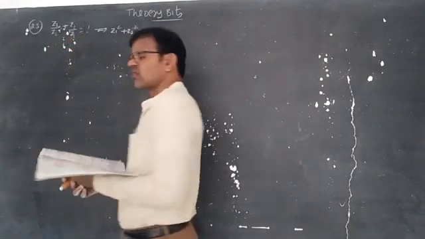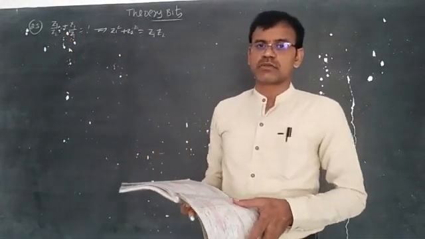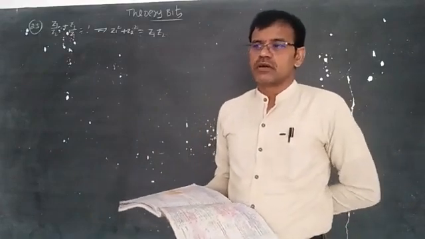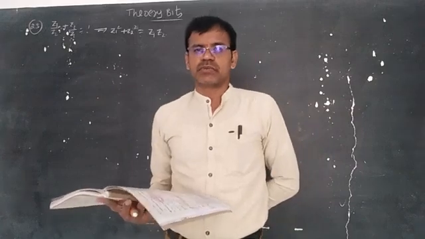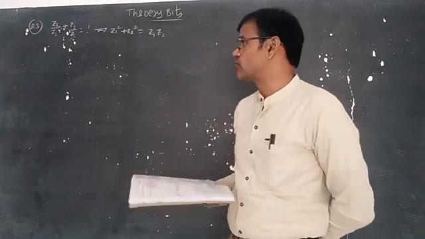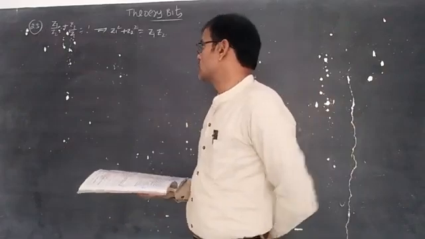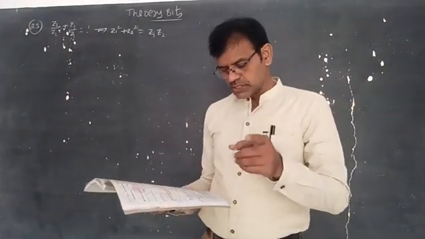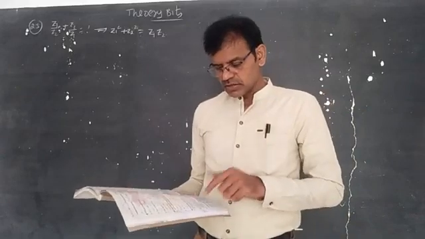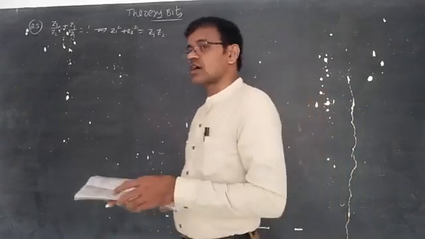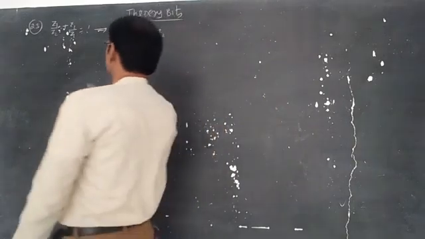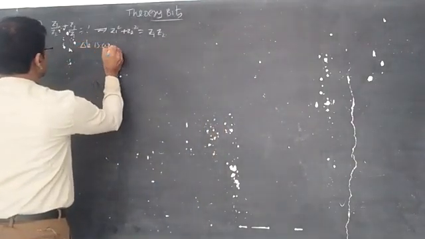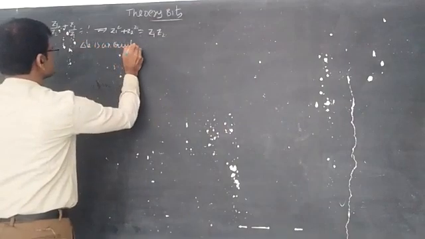Whenever Z1 square plus Z2 square plus Z3 square is equal to Z1 Z2 plus Z2 Z3 plus Z3 Z1, the points Z1, Z2, Z3 represent an equilateral triangle. Here Z3 is equal to 0, the origin, so the triangle becomes an equilateral triangle according to the concept.